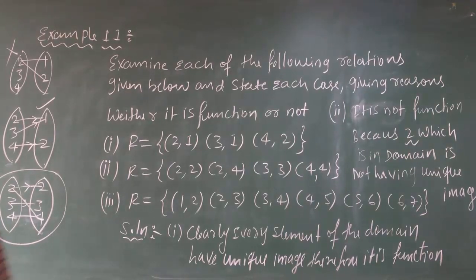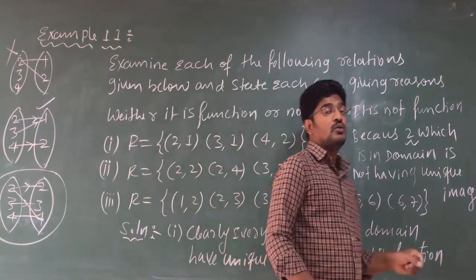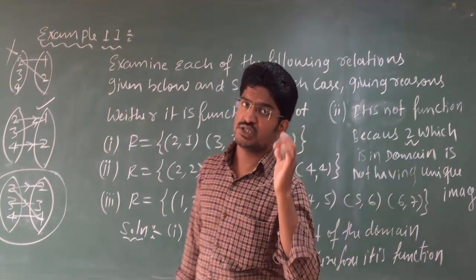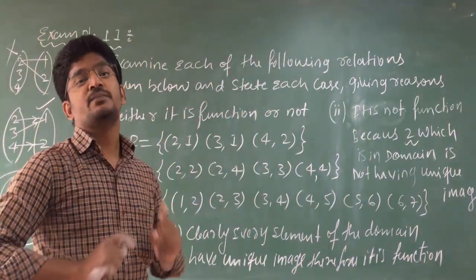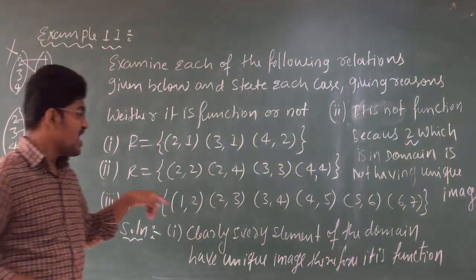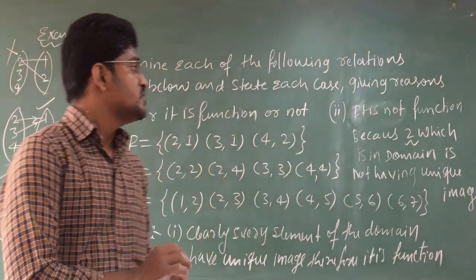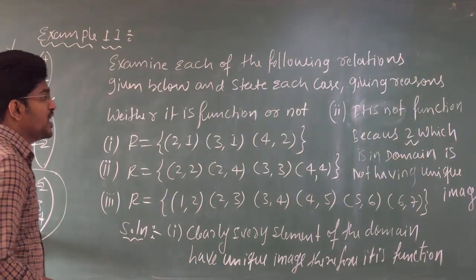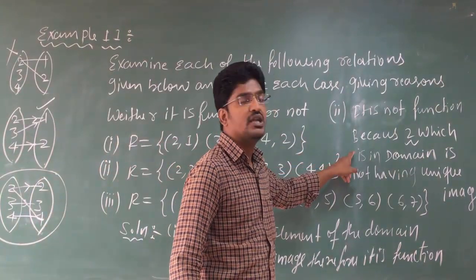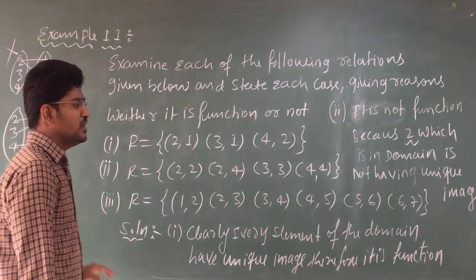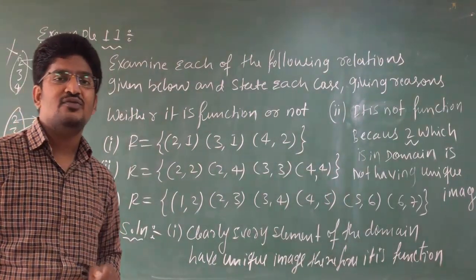Because whenever the answer is no, example is important. Whenever the answer is yes, definition is important. So that's why you write this arrow diagram with this particular answer. So the answer will be very clear for the evaluator.